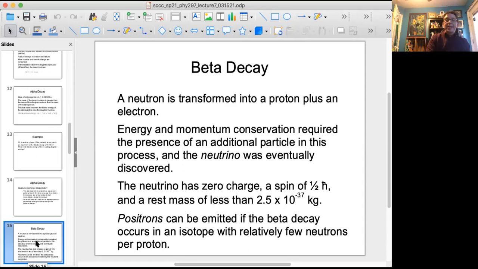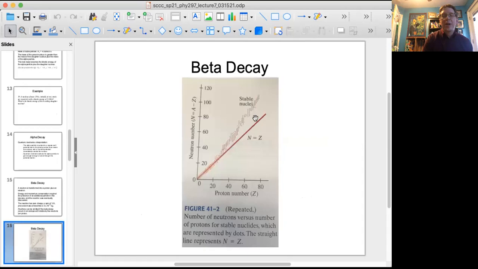Positrons can be emitted if the beta decay occurs in an isotope with relatively few neutrons per proton, so below the stable end of things. This line is where the number of protons equals the number of neutrons, a line with a slope of 1. For an atomic number up to about 20, you typically have as many neutrons as protons for a stable nucleus.